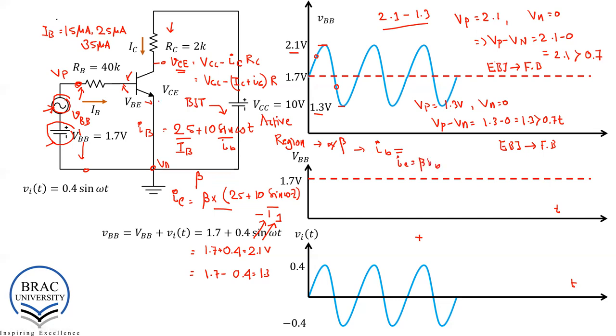So that means the current component in every terminal is linearly changing. Similarly, IE is 1 plus beta times IB. So this linearity in the current relationship holds true only if the BJT is operating in the active region. So just to make sure the BJT is always operated in the active region, we have to apply the biasing voltage.